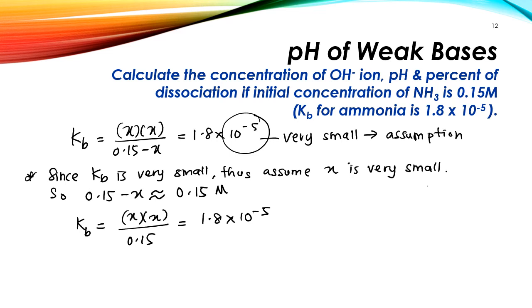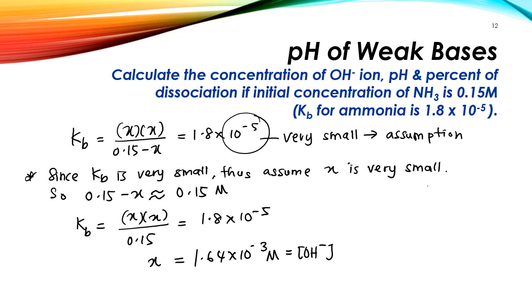Now, you can solve for X by calculating using the calculator. So, X obtained is equal to 1.8 exponent negative 5 multiplied with 0.15 and square root, then you get 1.64 exponent negative 3 molar. From the ICE table, the X at equilibrium refers to the concentration of the OH minus.